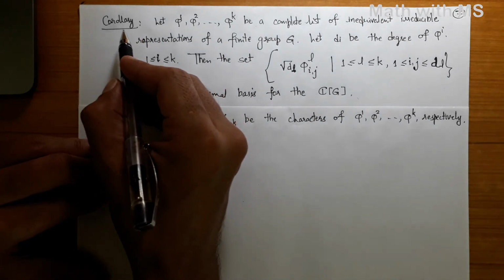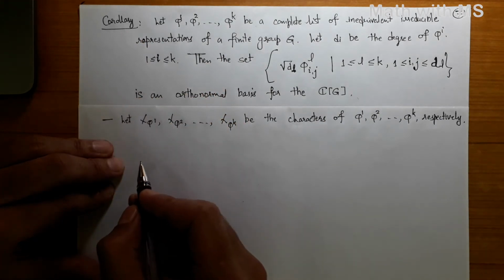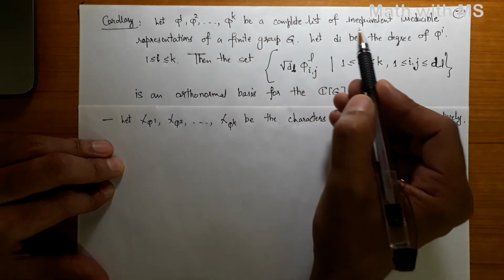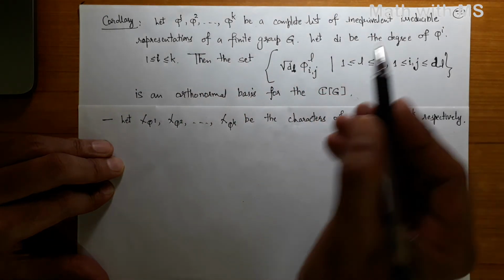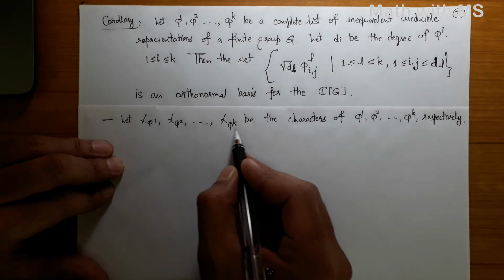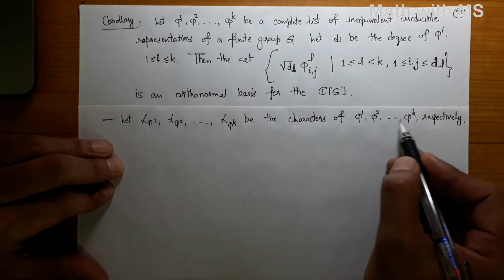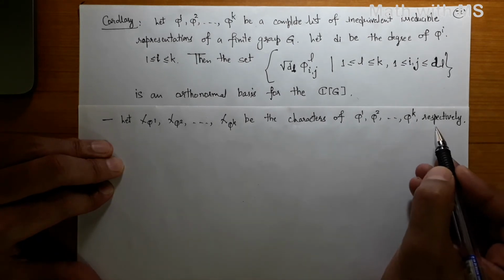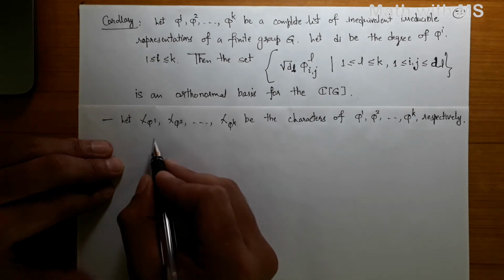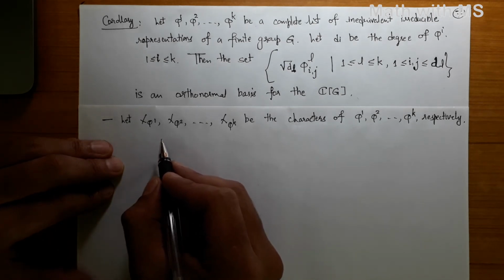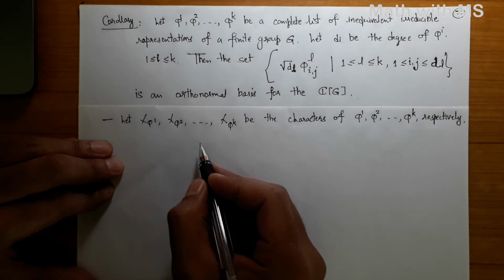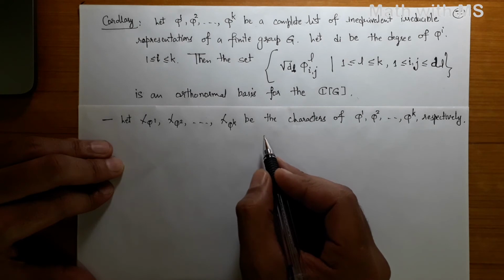We will use the notation of the preceding corollary to prove the next theorem. So let phi1, phi2, phi k be a complete list of inequivalent irreducible representations of a finite group G. Let chi of phi1, chi of phi2, so on, chi of phi k be the characters of phi1, phi2, phi k respectively. Then in the previous lecture, we showed that characters of inequivalent irreducible representations form an orthonormal set in the center of the group algebra ZCG.